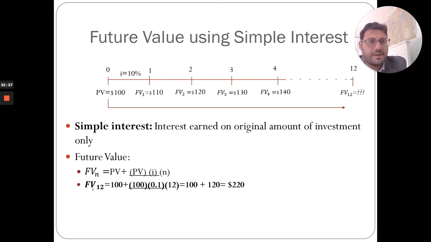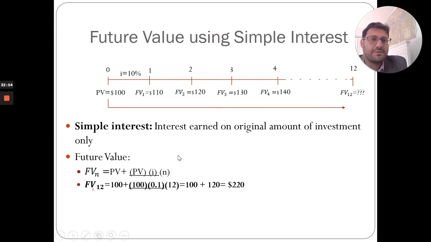Now, what is simple interest? In case of compound interest, I told you earlier that interest has the opportunity to earn interest. In case of simple interest, only the originally invested amount is used to calculate the interest, even for the subsequent time periods.